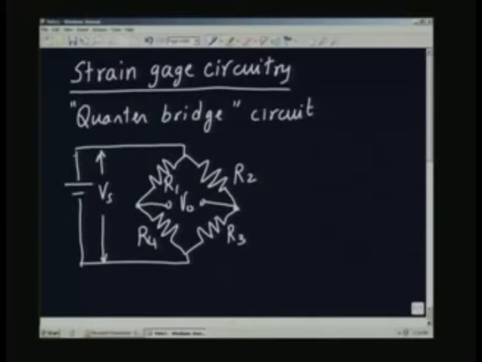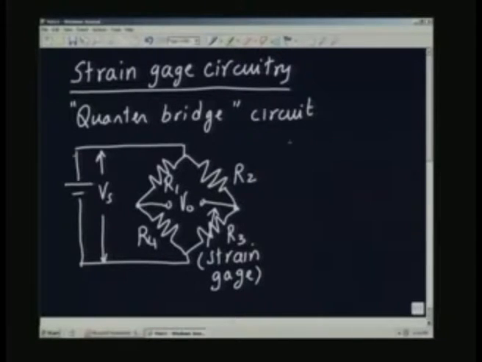And if you remember, towards the end of the last lecture, we said that this will be the strain gauge element, and the resistance of this particular element is going to vary because of the displacement or because of the straining of the element. We also mentioned something about the values of these resistors.